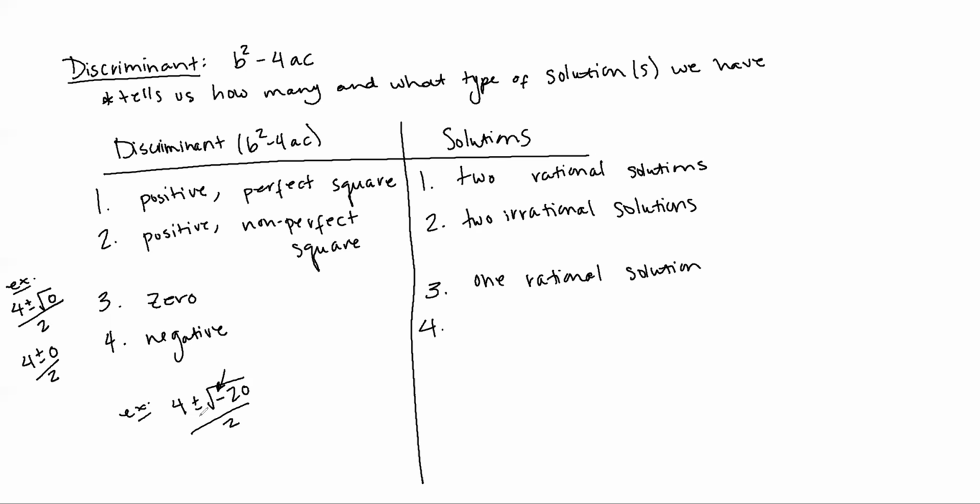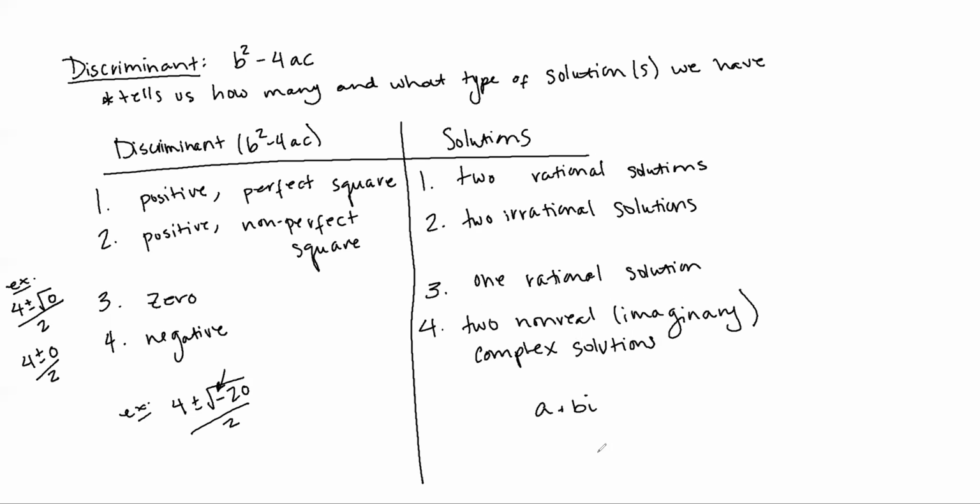And we're going to have 2 of them because we're going to add and subtract it. So we'll have 2 non-real solutions, and remember that just means imaginary, complex solutions. And complex just means, if you remember from 10.7, a complex number is in the form a plus bi. So you have some real part and then some imaginary part.